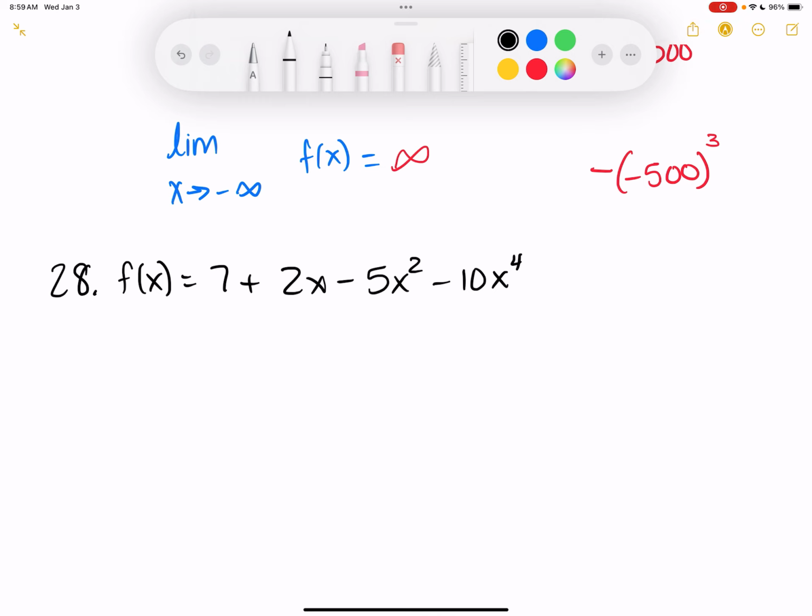Yep, negative 10x to the fourth. Now, what is that power? What is 4? Even or odd? Oh, even.